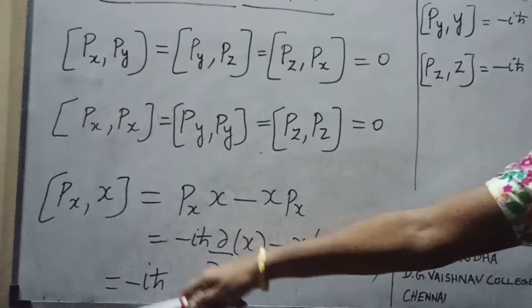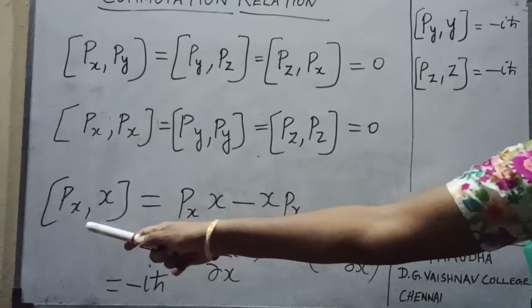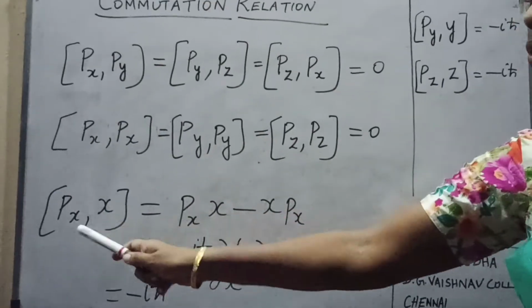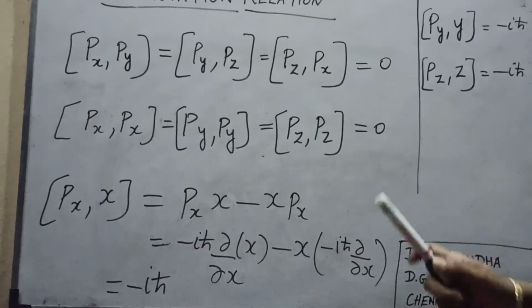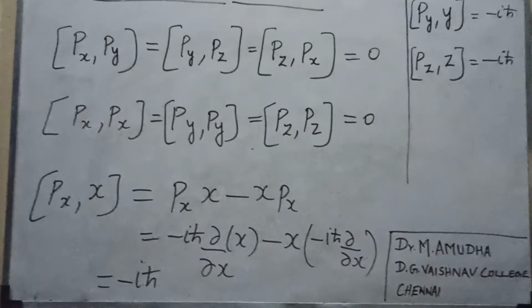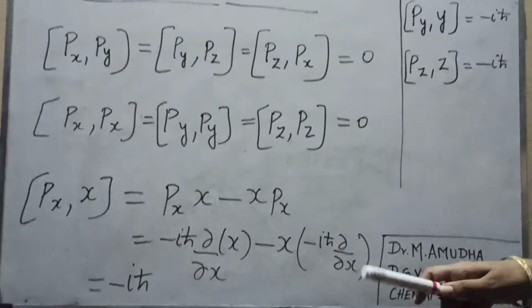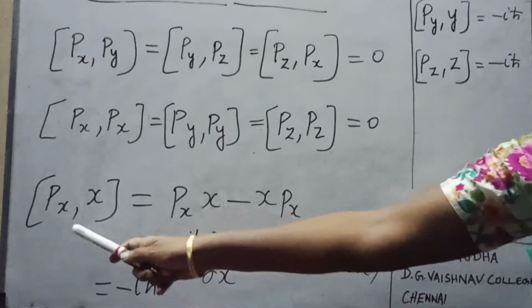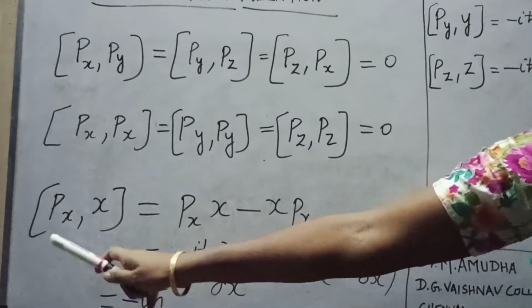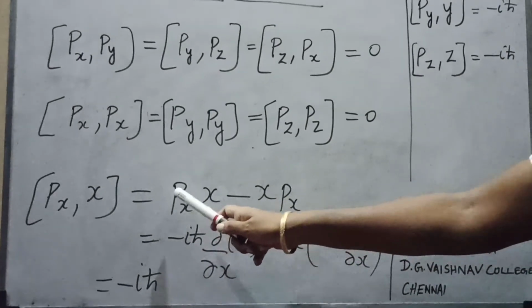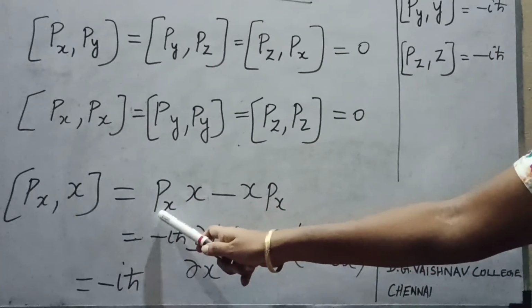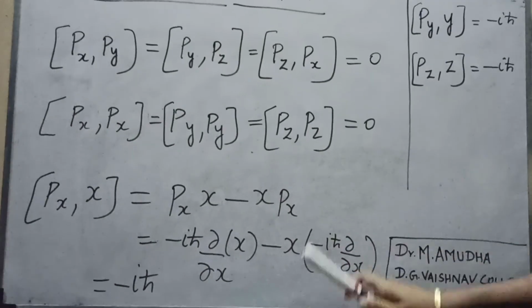Now I will give another example. What happens if the positions of these two operators are interchanged? Initially we have seen the commutation relation between X along with Px is found to be equal to iħ. Here only the position is changed, that is Px along with X. So here we can write the commutation relation like this: PxX minus XPx as before.